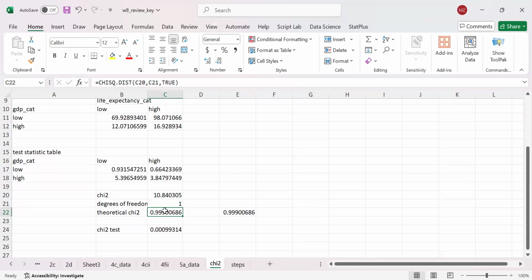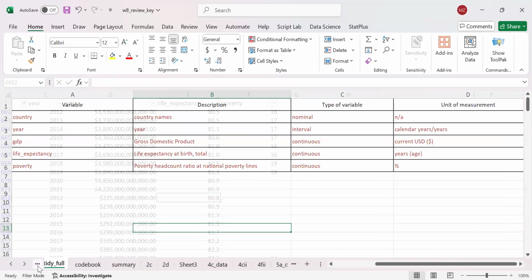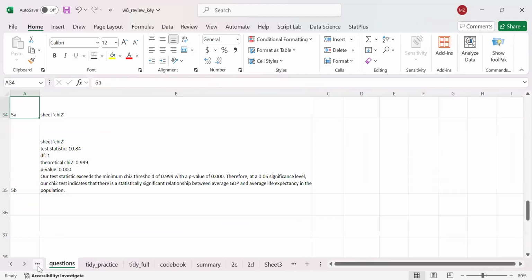So your theoretical chi-square is lower than your actual chi-square. So what would you do in this case? Anyone?